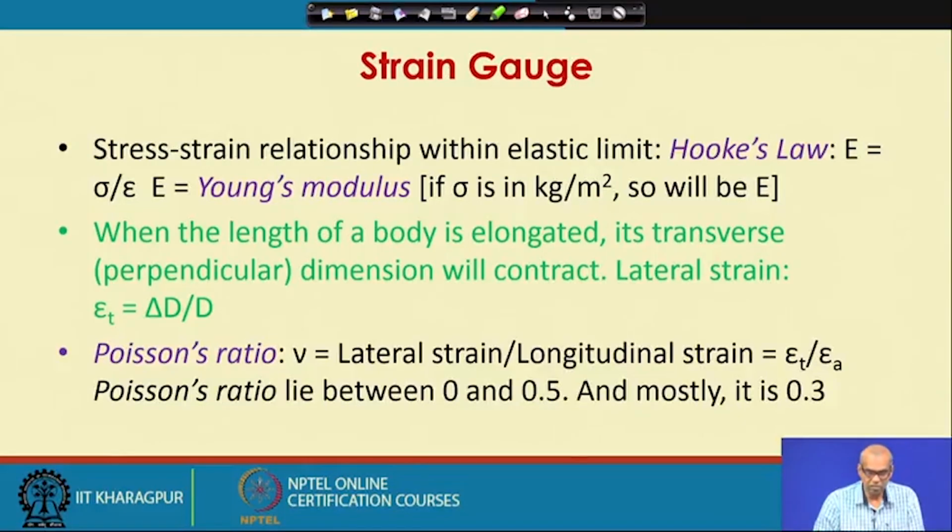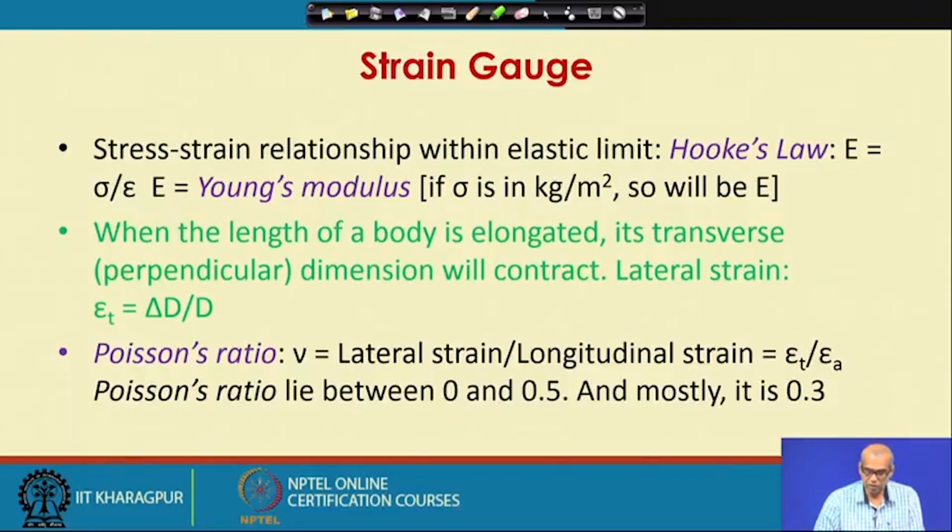So, lateral strain then can be defined as change in transverse dimension divided by original dimension. So, for an electrical wire, when you stretch it, the axial strain will be delta L by L, which is change in length divided by original length, and lateral strain will be delta D by D, which is change in diameter divided by original diameter.